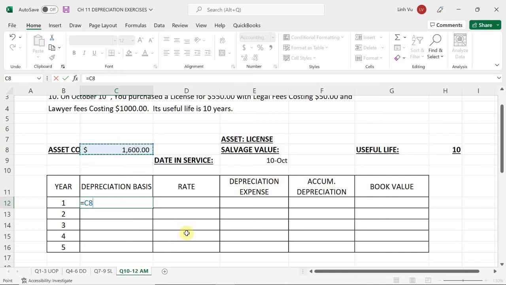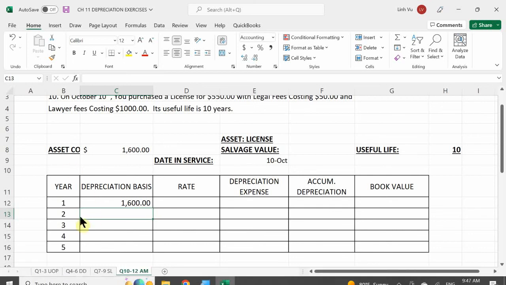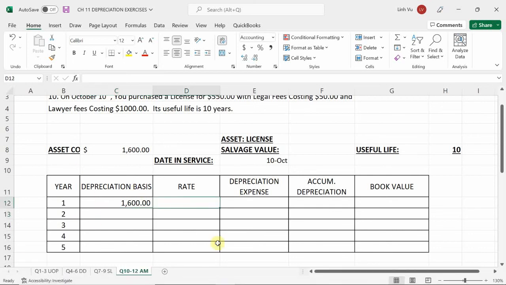So that means your amortization basis is just going to be your asset cost. What's my rate going to be? 10%, right? 1 divided by the estimated useful life of 10 will give you 10%.